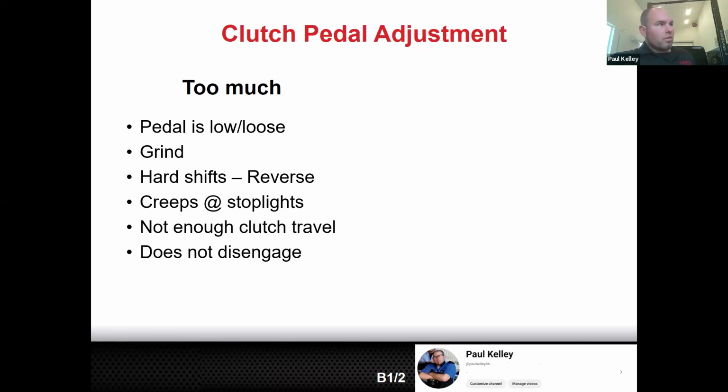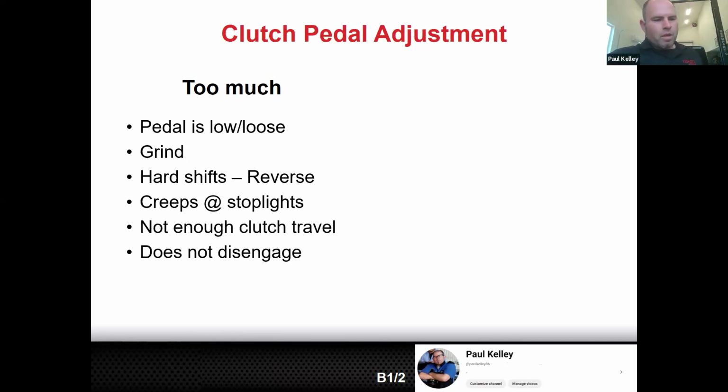So too much play could be a pedal adjustment, but I didn't adjust the pedal. I changed the fluid. So too much pedal play is going to be the same as air in the system. Creeps at stoplights. If I were to drive it, I put it in first, I put my pedal to the floor, and I notice it's kind of pulling me. I used a term for that. It's dragging me into the intersection.